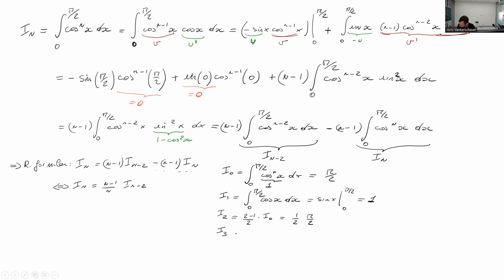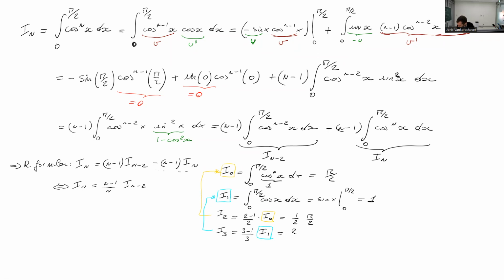And we can continue with I3, and let me also maybe draw some lines. So here we have to use I1, and for I1 we have to go back to here. So we basically have to jump back 2 formulas. So I3 is 3 minus 1 divided by 3 times I1. So here I1 is what we calculated before, and we jump back to here.